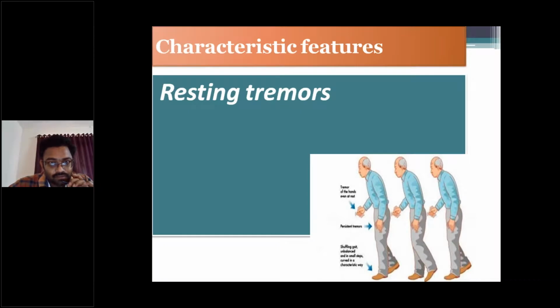Characteristic features of Parkinsonism or Parkinson's disease: mainly resting tremors. Intentional tremors are a disease of the cerebellum; resting tremors are symptoms of Parkinson's disease.